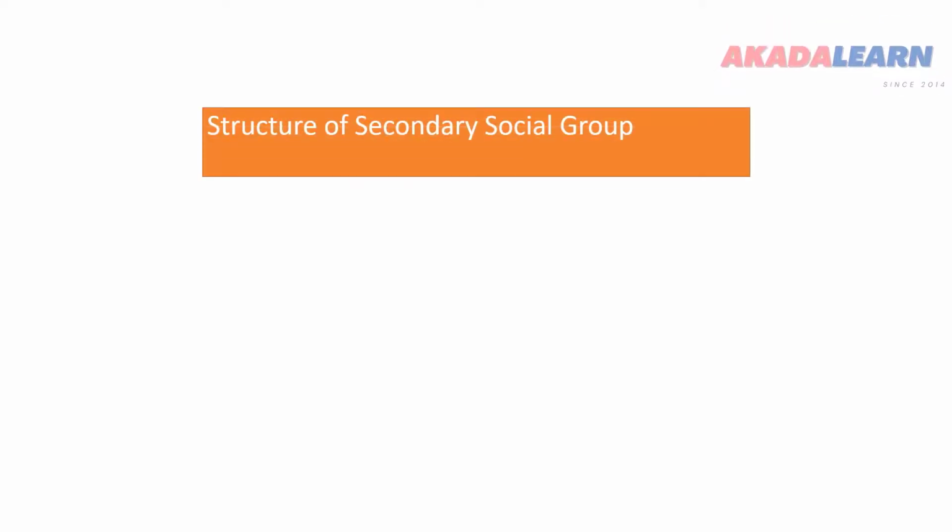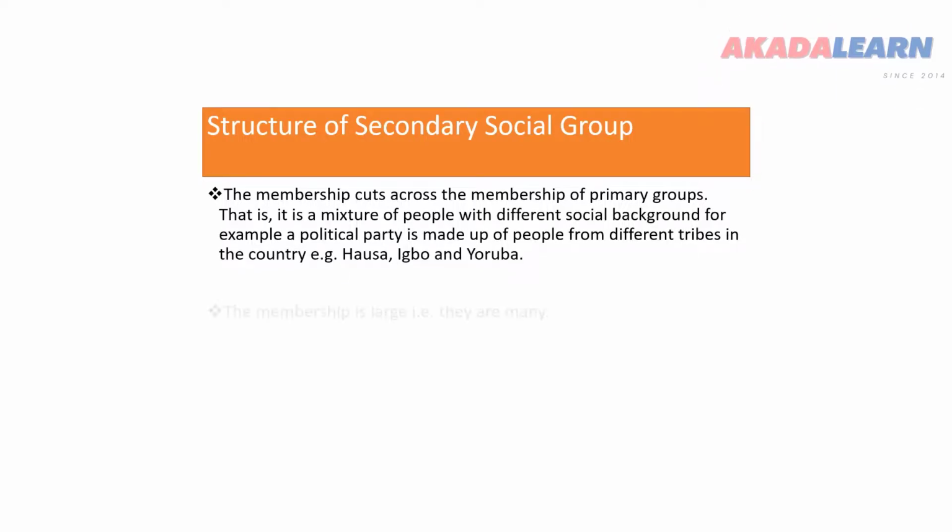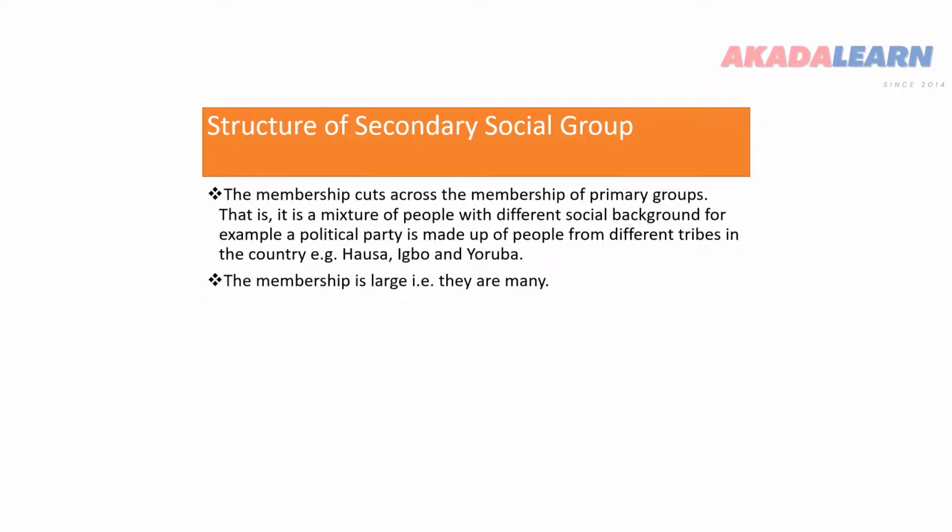Now, let's look at the structure of secondary social group. The membership of the secondary social group cuts across the membership of primary groups. That is, it is a mixture of people with different social background.